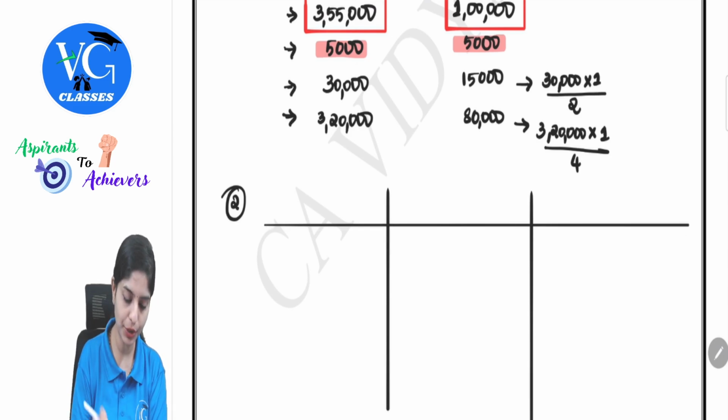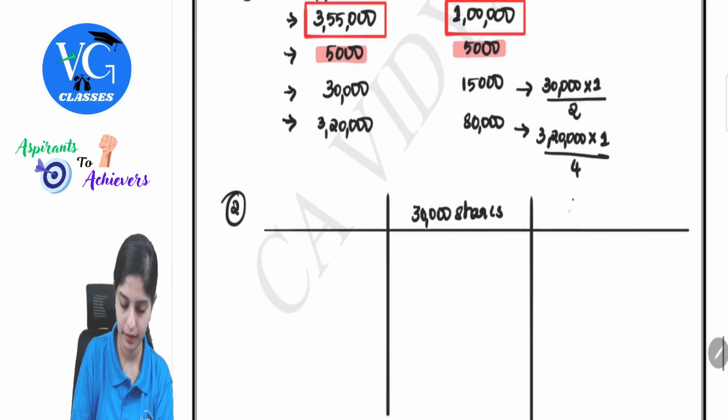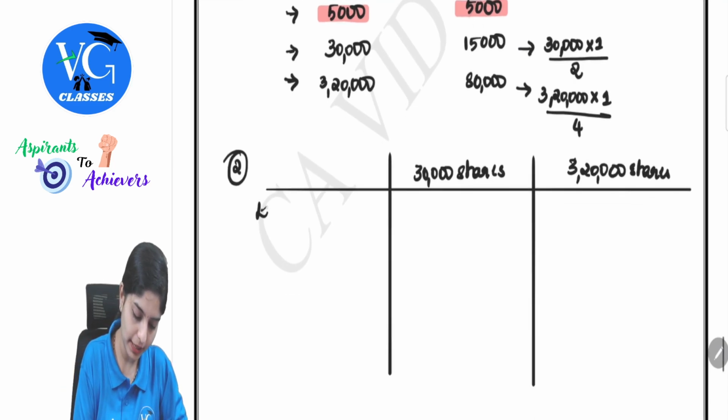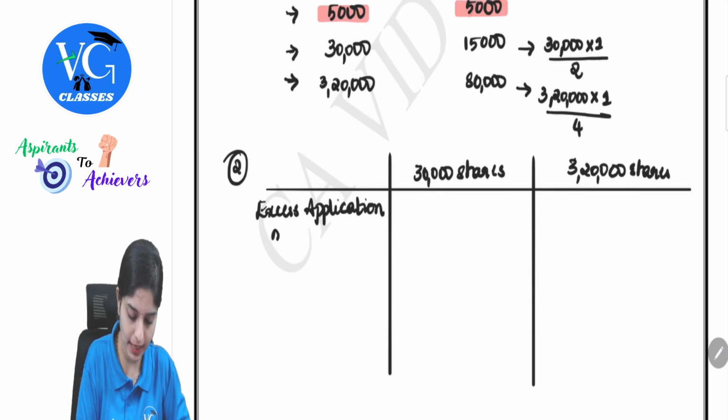So since there are two categories, 30,000 shares and 3,20,000 shares. What am I writing here? Number of shares applied for. So what will I first denote? Excess application money, because the question has its points here itself. Excess application money received.